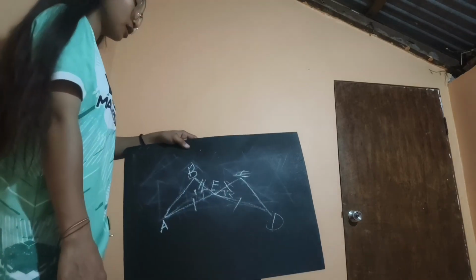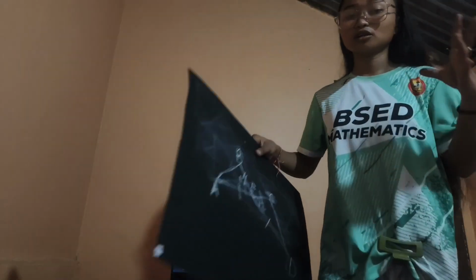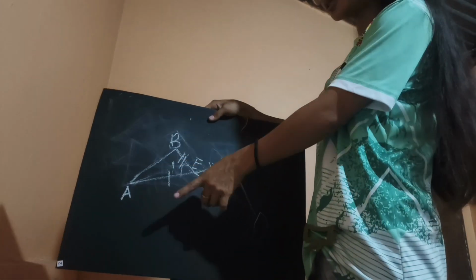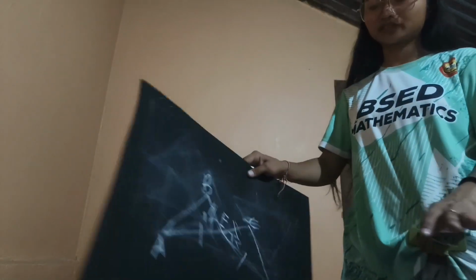This is the SAS postulate, or what we call the side congruence of a right triangle. Okay, that's correct. So now let's wrap up.